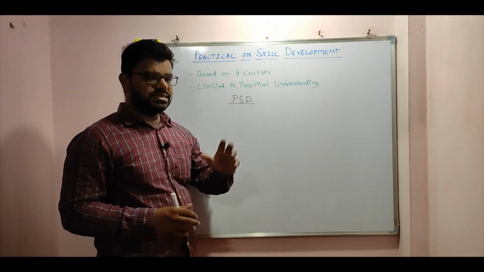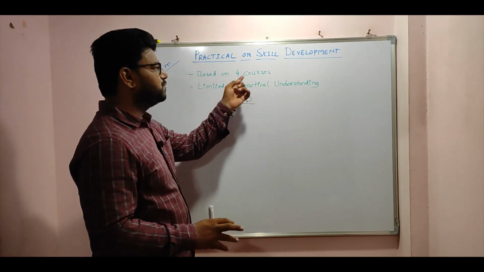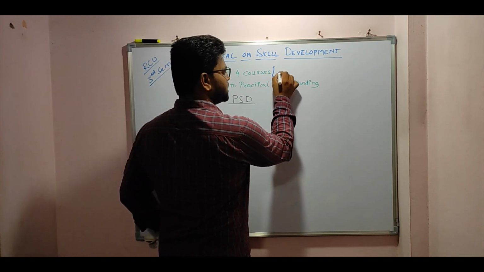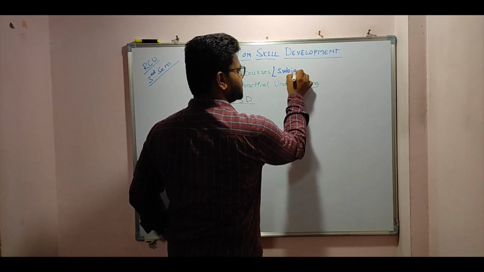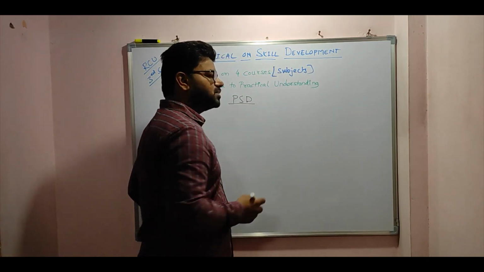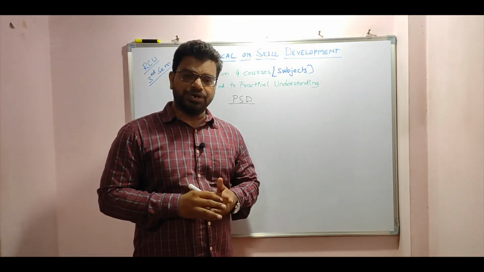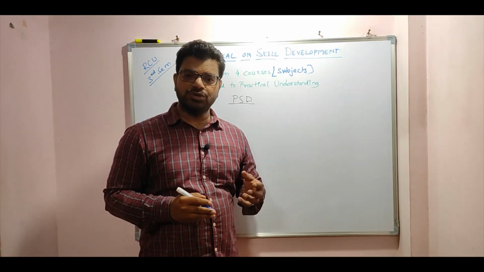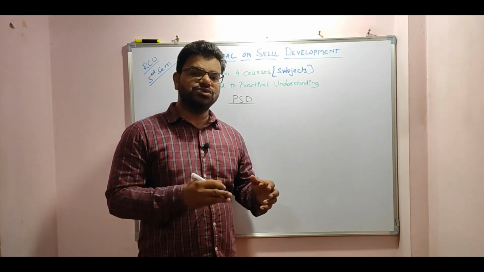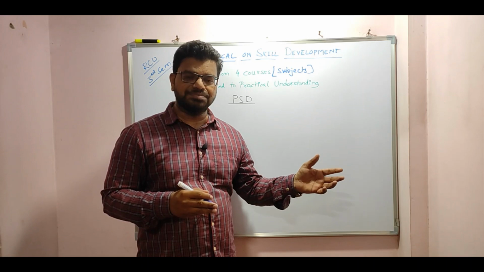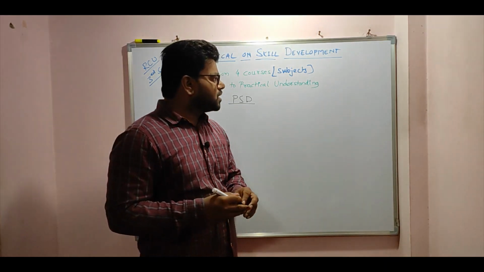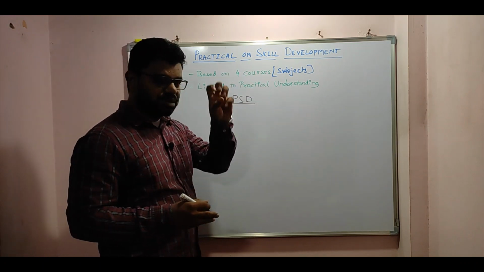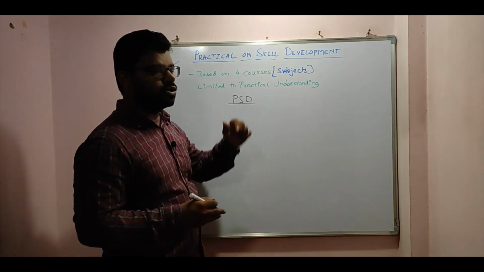As you know, practicals on skill development is based on 4 courses. Right? You can also call these courses as subjects. We generally call it as subjects. So for 3rd semester, you have corporate accounting, you have entrepreneurship development, innovative banking, and quantitative analysis for business decisions, statistics. So those 4 courses have been merged into one thing, that is practicals on skill development.